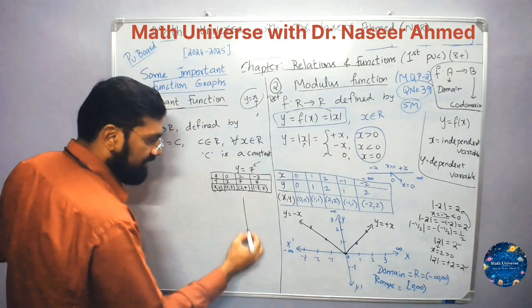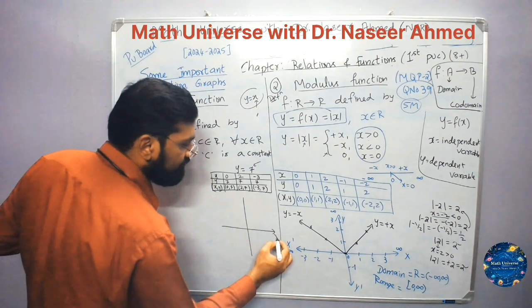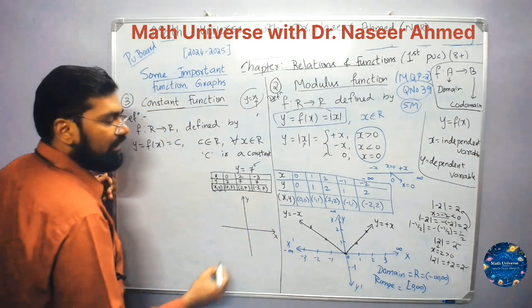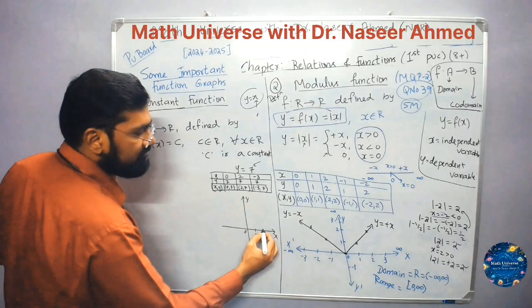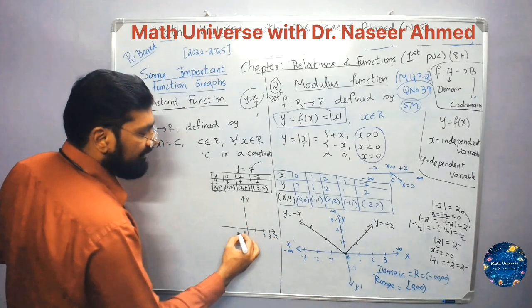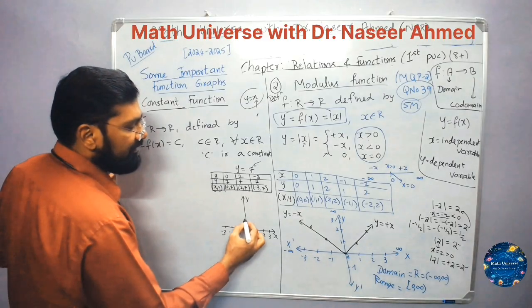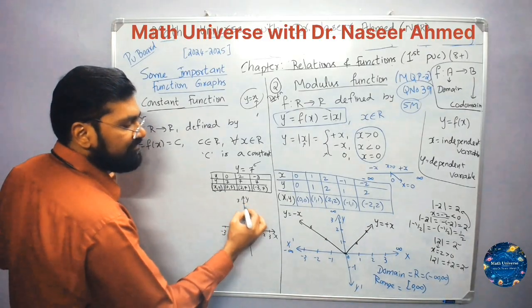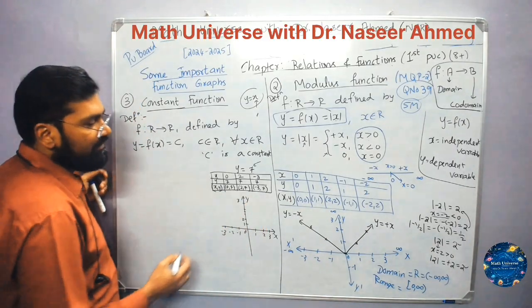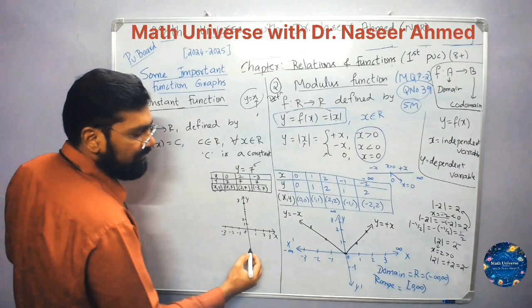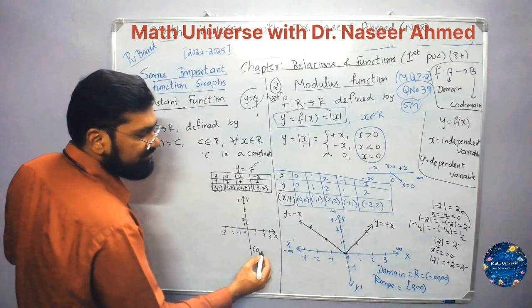So if I plot the graph of this, again 0, then 1, 2, 3, minus 1, minus 2, minus 3, and here let us suppose 1, then 2 here, like that, somewhere here 7. I have not written the remaining numbers. Now 0 comma 7 is here because any point lying on the y axis is of the form 0 comma y.